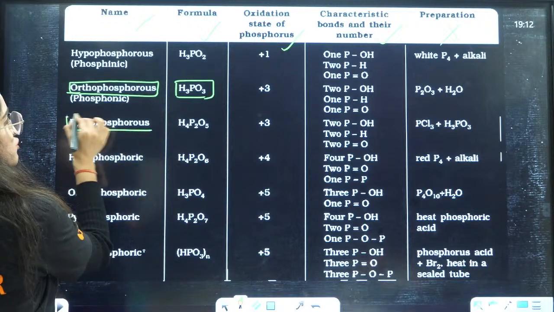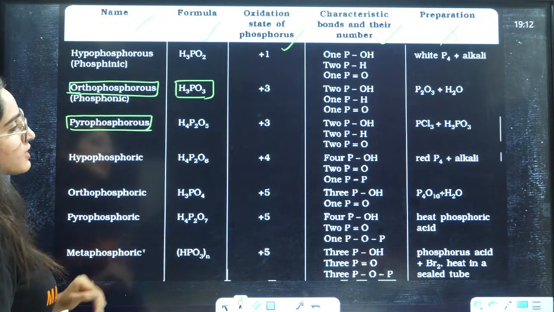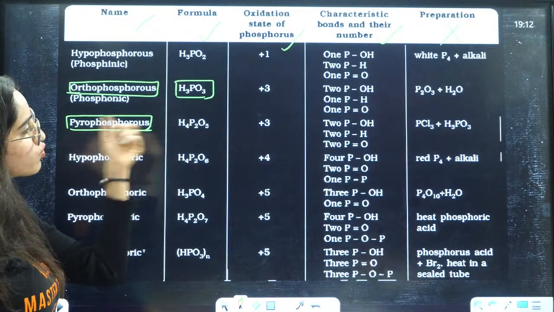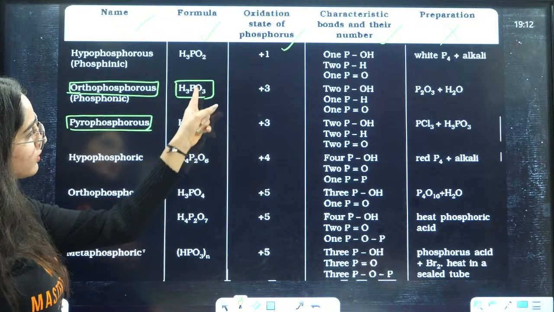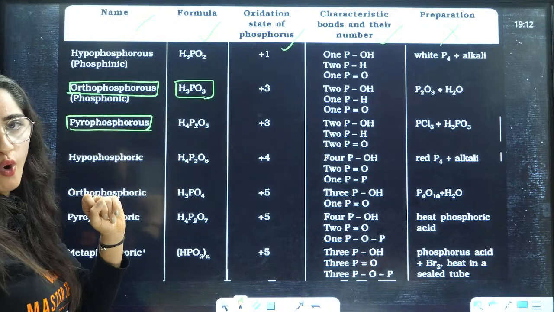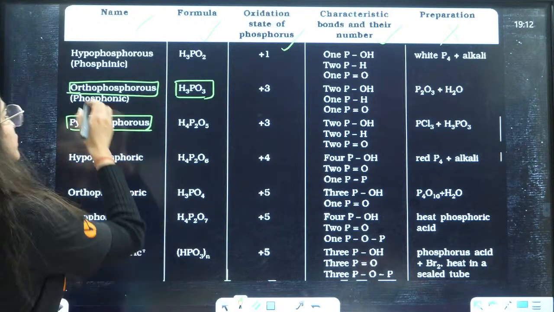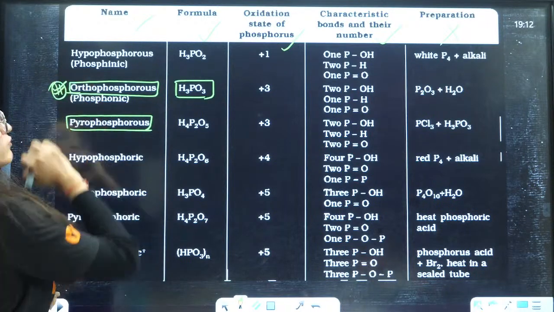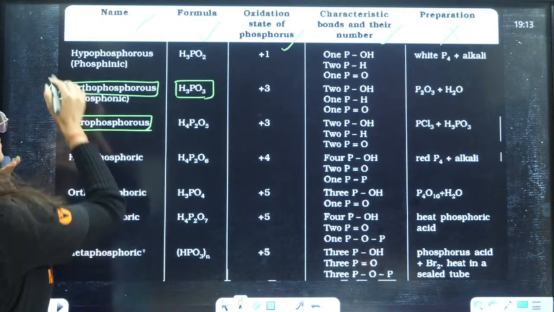Pyrophosphorus is actually double of this thing, so you add 2 hydrogens and 2 oxygens here. I am teaching you from the ortho perspective. So these are the 3 things.